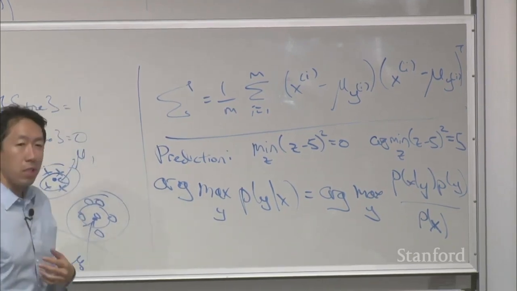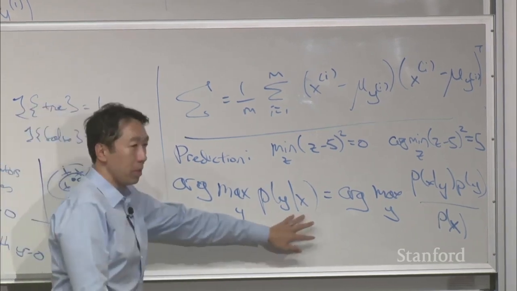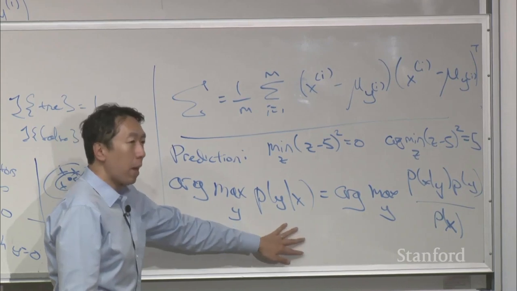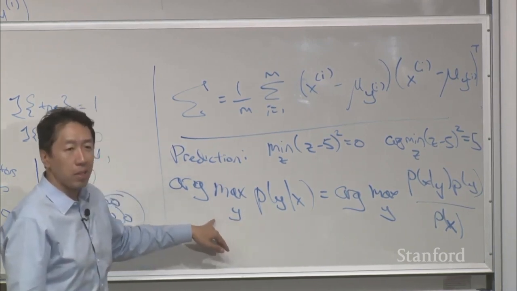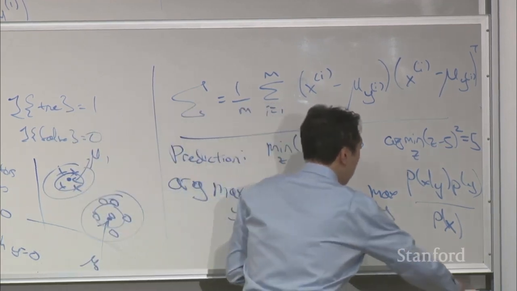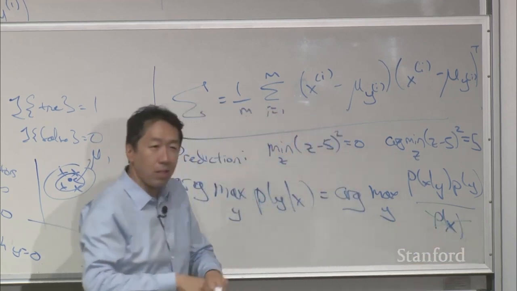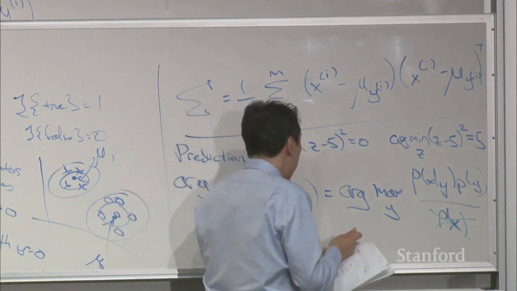So if you want to output a value for y, you don't want to output a probability, right? You want to say, what do I think is the value of y? So you want to choose a value of y that maximizes this. And so there's the argmax of this, and this would be either 0 or 1, right? So that's equal to argmax of that. And you notice that this denominator is just a constant. It's p of x; y doesn't even appear in there. It's just some positive number.